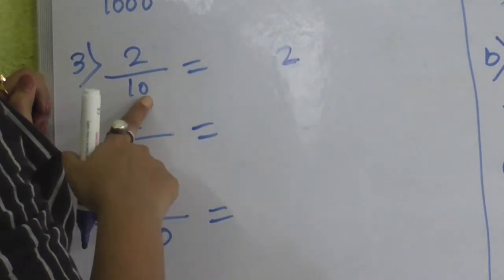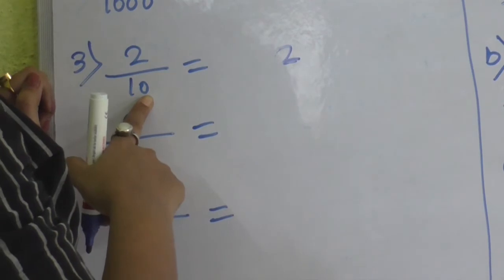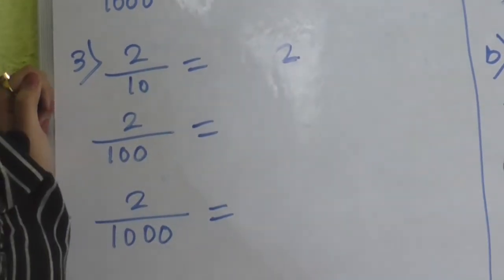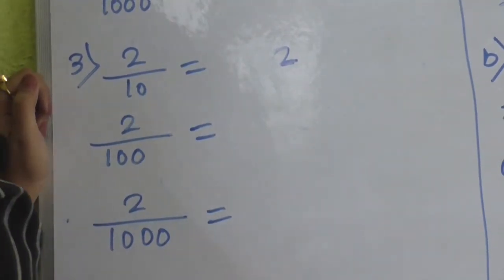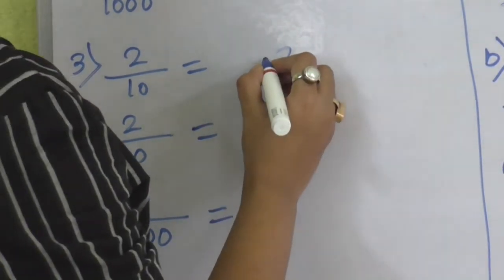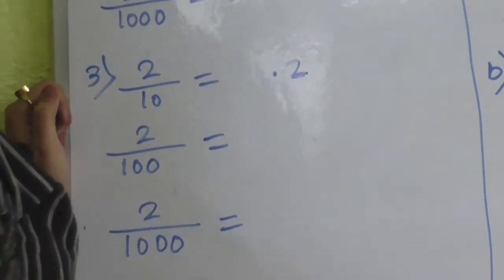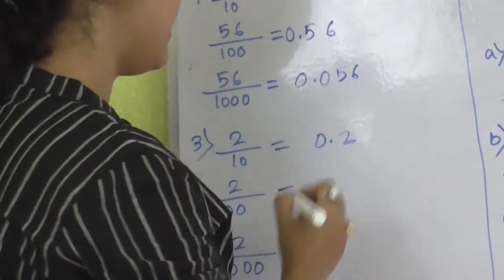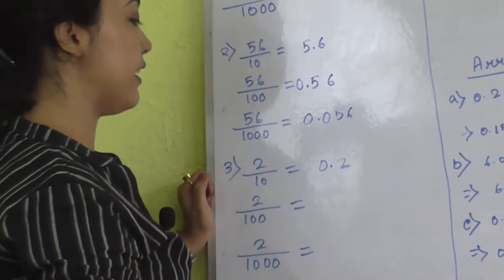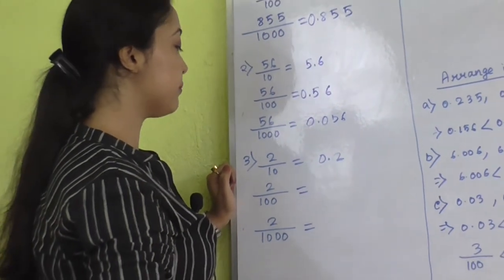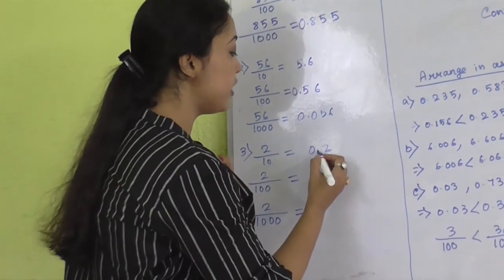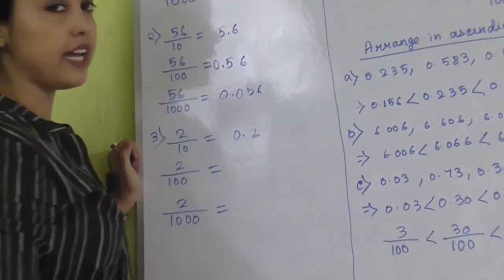Since 2 is only a single digit number, you put the decimal point before 2, and you put a 0 on the left hand side. So 0.2 is our answer. You put the decimal point before one digit from the right hand side.